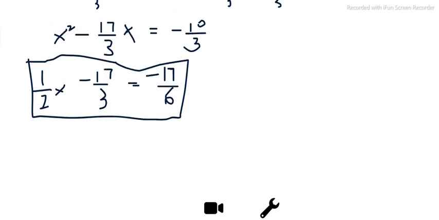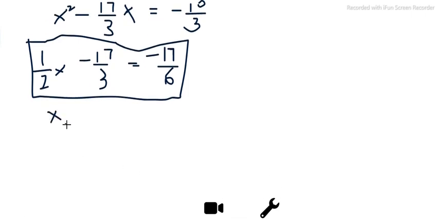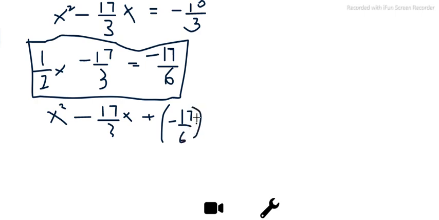So when we do that, we have x squared minus 17 over 3x plus minus 17 over 6 all squared equals, on this side we have minus 10 over 3, plus, we are now adding this again to this side, so we must add it to both sides.